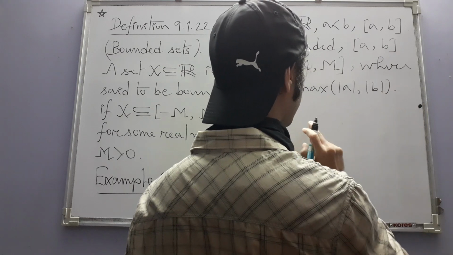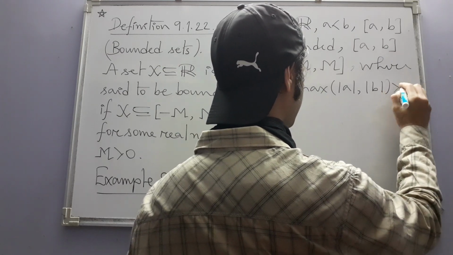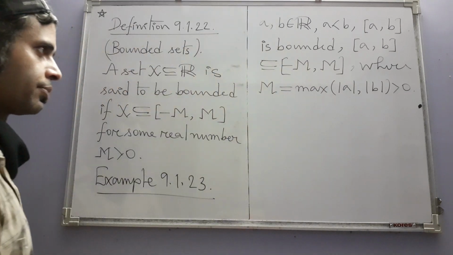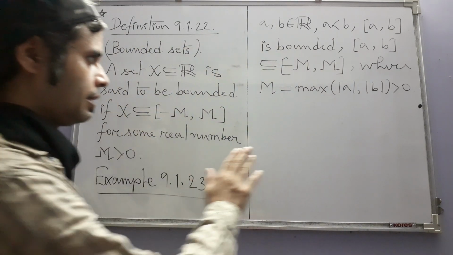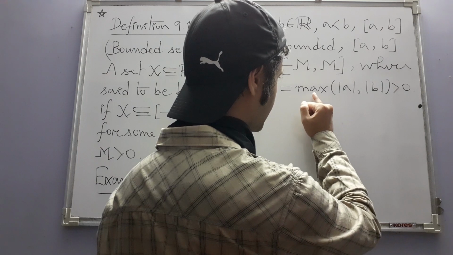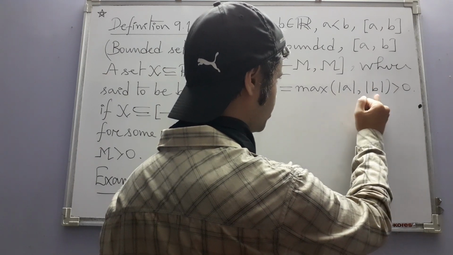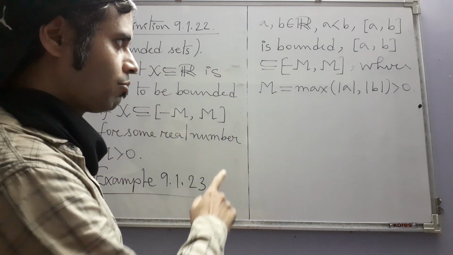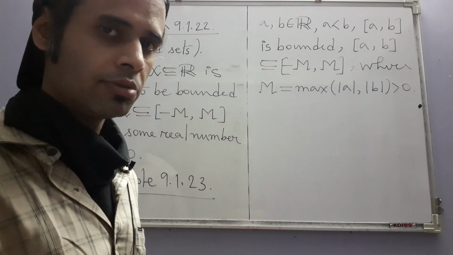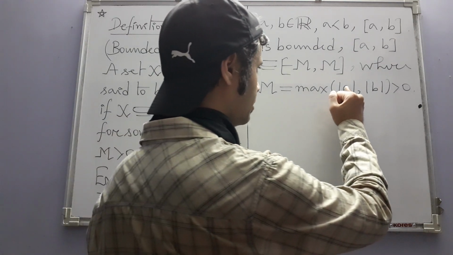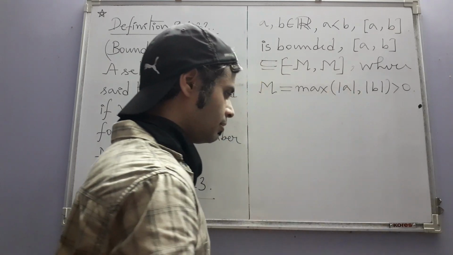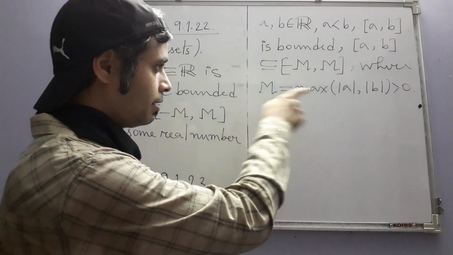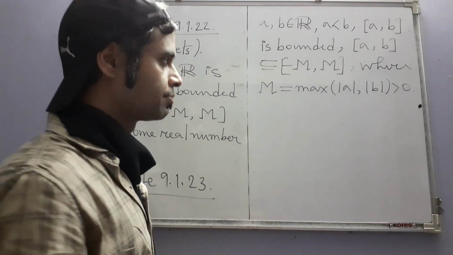But you can at least see one thing, that this m has to be greater than 0. Do you see why? One thing is immediately clear, that since we are calculating the maximum of two absolute values, m has to be greater than or equal to 0, because the absolute value of any real number is non-negative. However, why is m greater than 0 though?